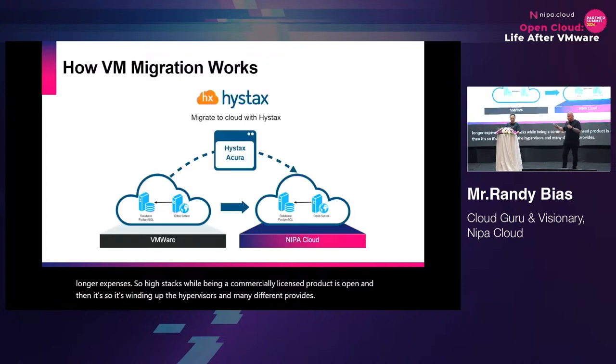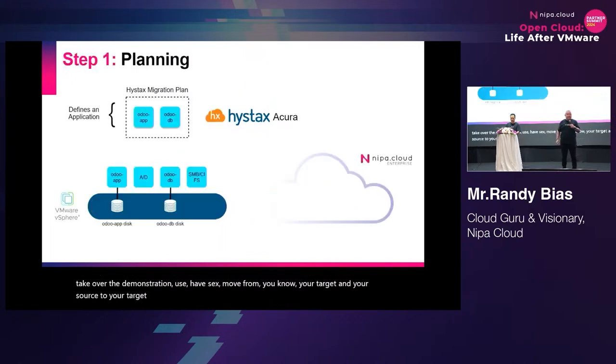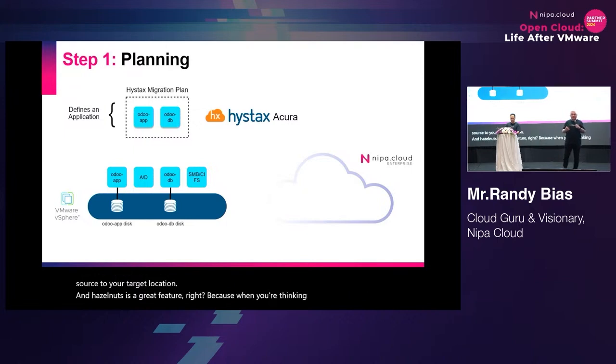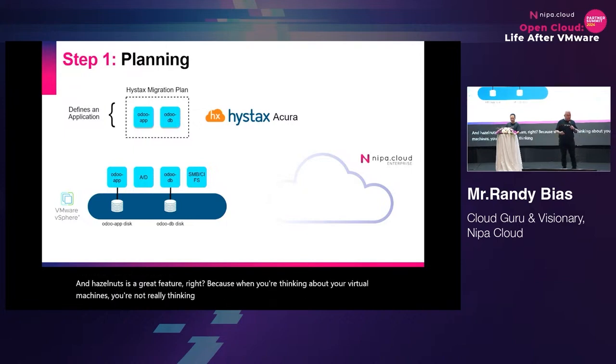So I'm just going to walk you through how this works real quick, and then T's going to take over and do a demonstration. You use Hystax to move from your source to your target location. And Hystax has a great feature, right? Because when you're thinking about your virtual machines, you're not really thinking about migrating a VM. You're thinking about migrating an app.